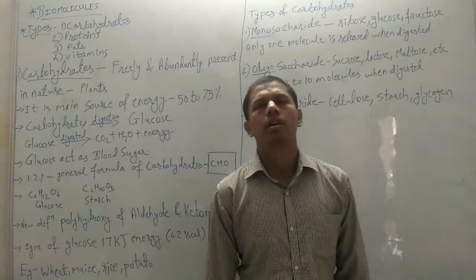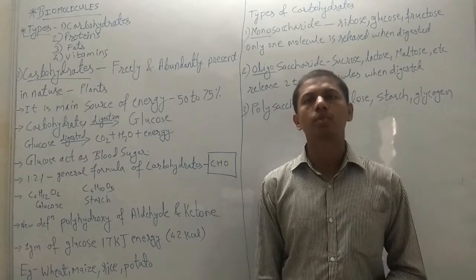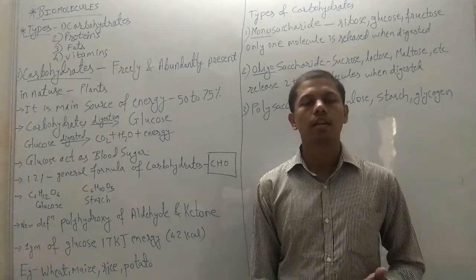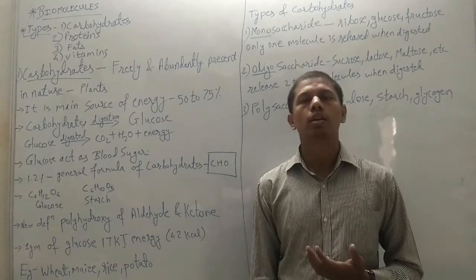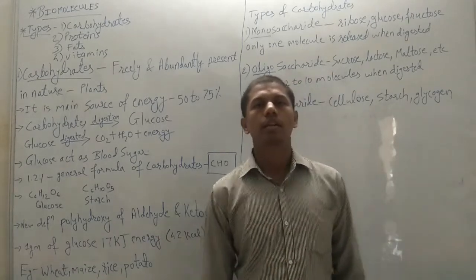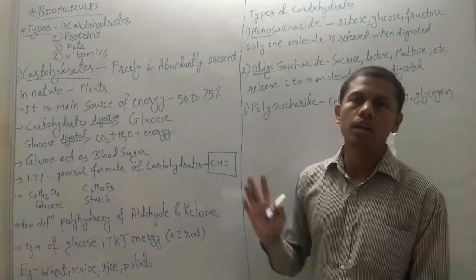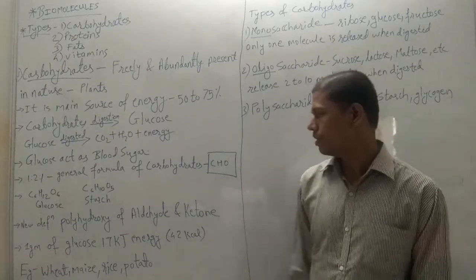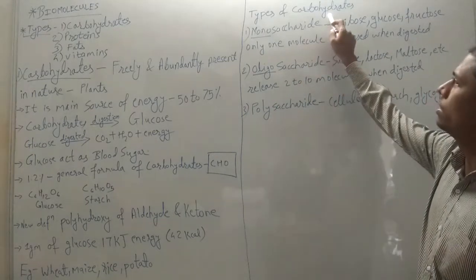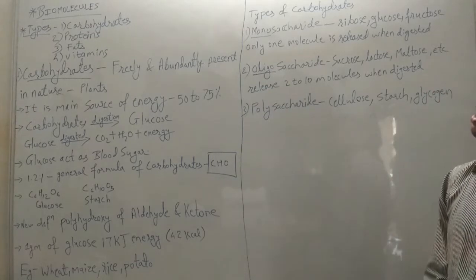Generally, if a living organism eats any kind of food material, then after digestion that food is always converted into glucose, a simple sugar, and then that glucose is oxidized to release energy. This is the general information about carbohydrates.